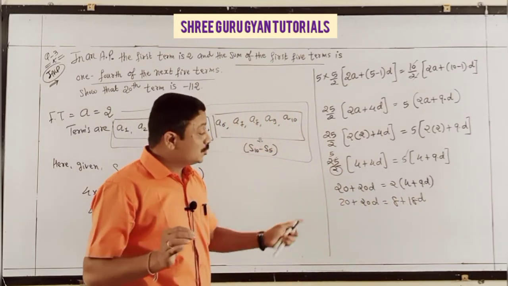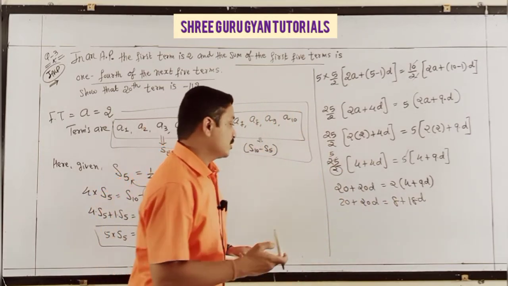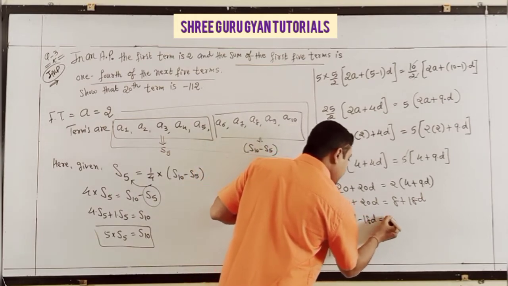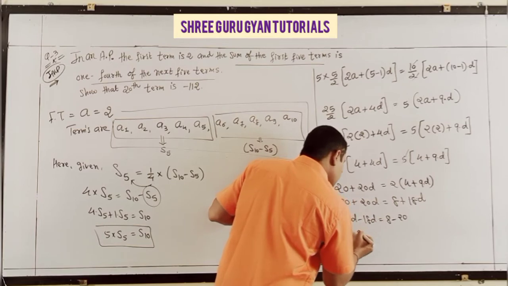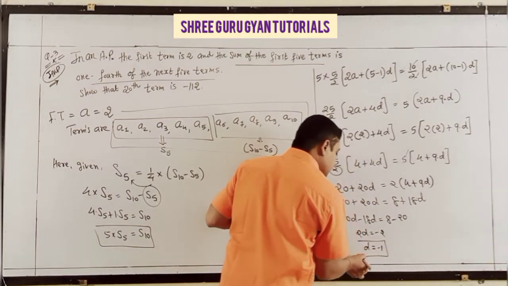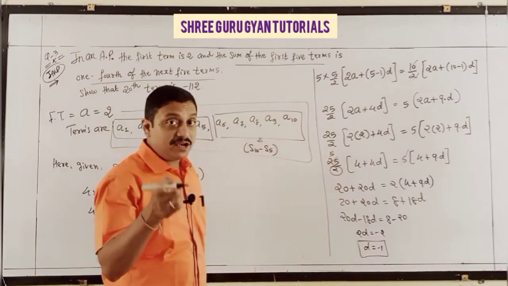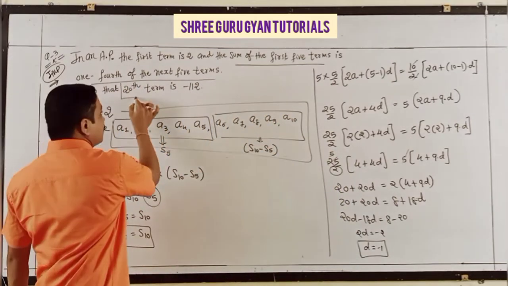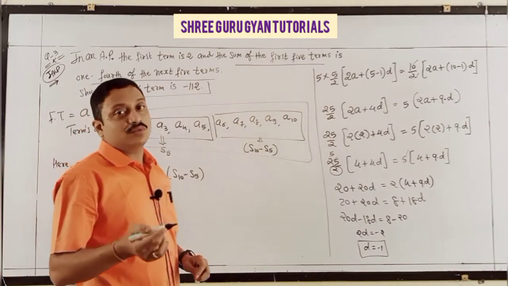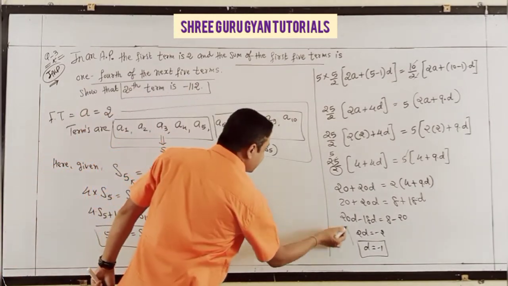Now we find the d value. So 20d minus 18d equals 8 minus 20, which gives 2d equals minus 12. D becomes minus 6. A is ready, d is ready, but I want to prove that the 20th term becomes minus 112.